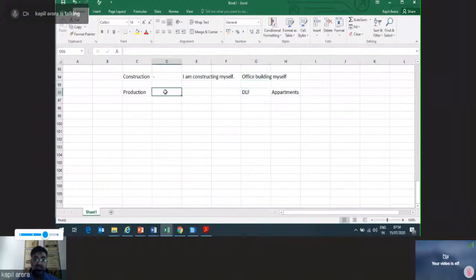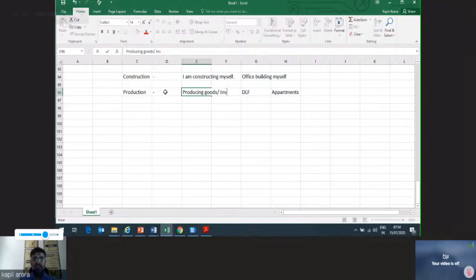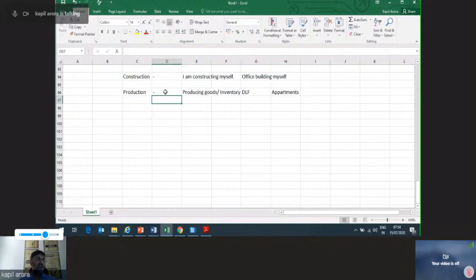If I am producing the goods myself, inventory, then also it will be considered a qualifying asset and borrowing cost will be added. Third, when I am acquiring, you may acquire the ready-to-use asset once the asset is completed.